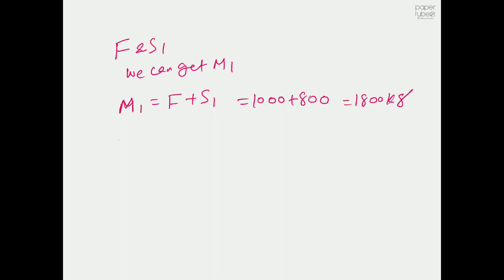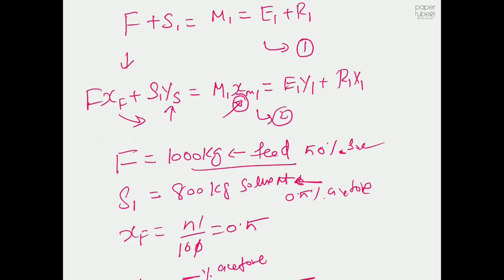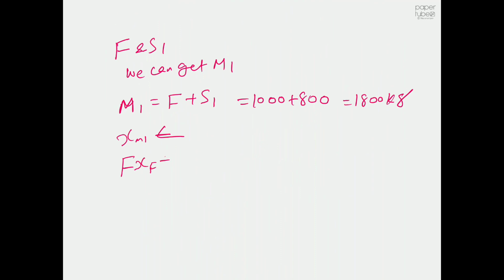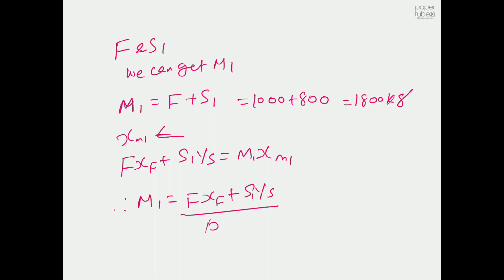So M1 we calculated, and from that we can calculate xM1 using equation 2: F xF plus S1 yS is equal to M1 xM1. We already derived this, so I'm just writing it so that you get some idea.